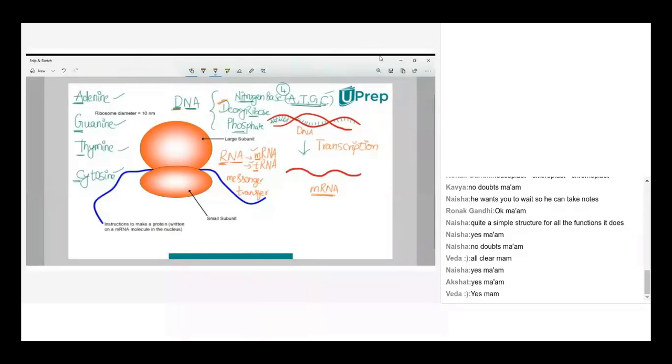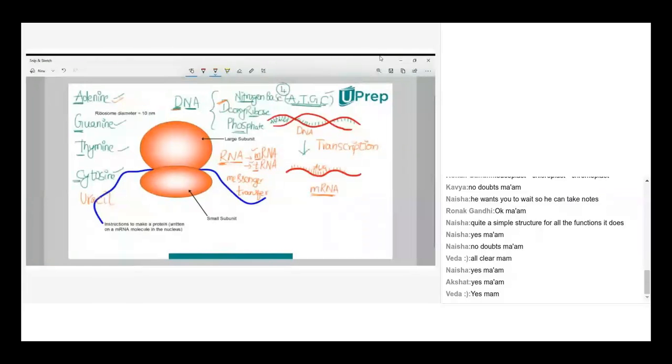In RNA also you will have nitrogen bases, ribose sugar and phosphate, like DNA has. Now assume that here you have A, U, G. Uracil is a new term, you'll find it only in RNA.